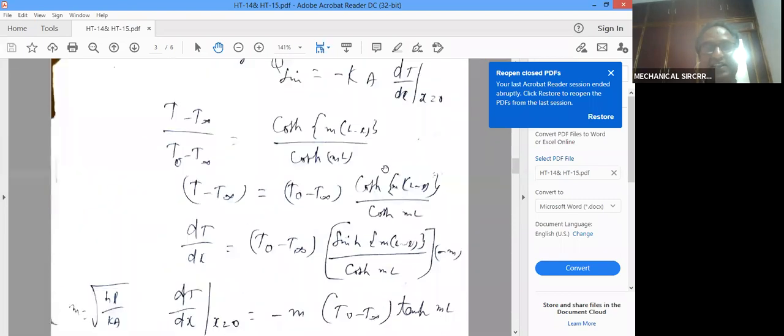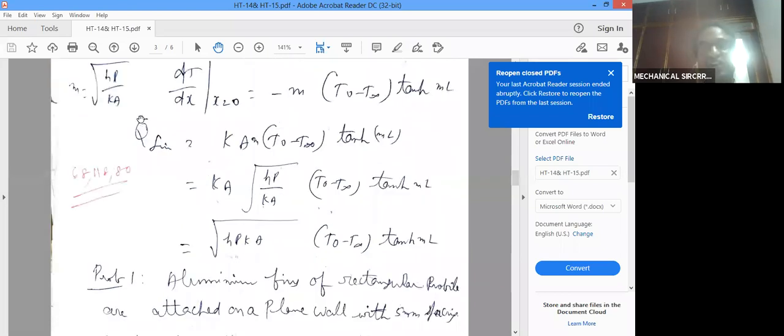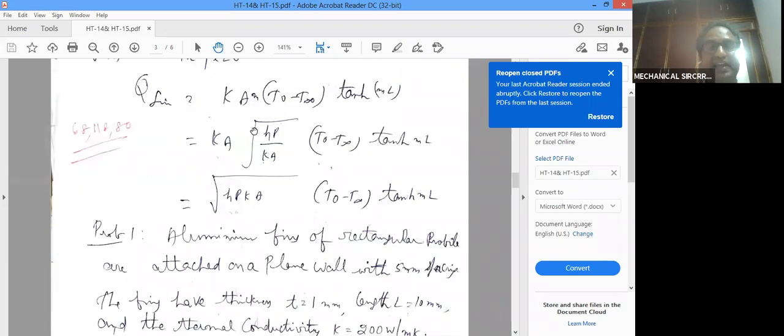Then finally you will get the heat transfer rate through the insulated fin. If you substitute, this becomes kA m into (T naught minus T free stream) into tanh mL, and kA into m, square root of hP by kA, into (T naught minus T free stream) into tanh mL.